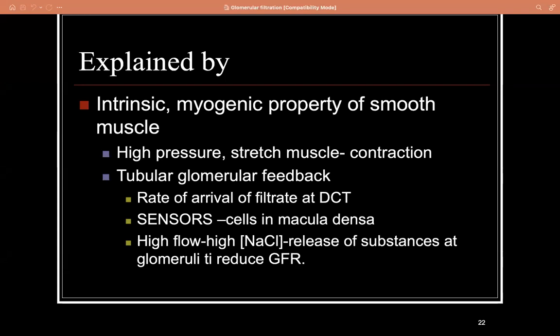And there's something we call glomerular tubular balance. So there are two terms that I want you to go and look at: first, glomerular tubular feedback, and second, glomerular tubular balance. It will help you answer. Then the myogenic theory of autoregulation.